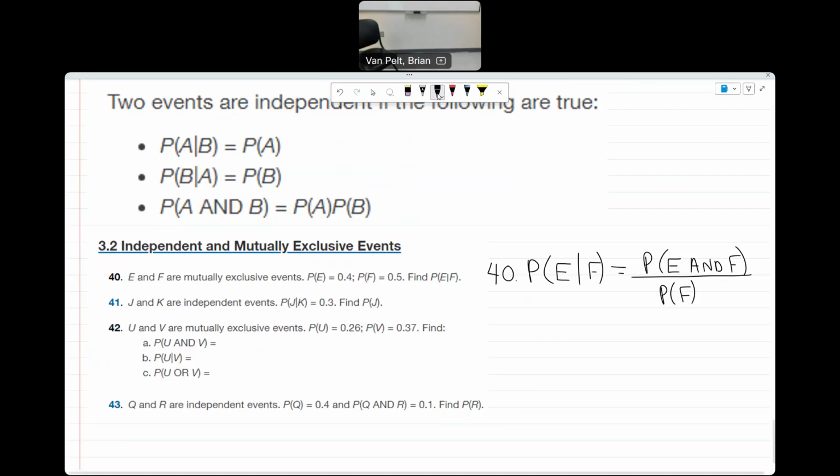Now I'll see what information I can plug in. I can put the probability for F. What is the probability of F? 0.5.